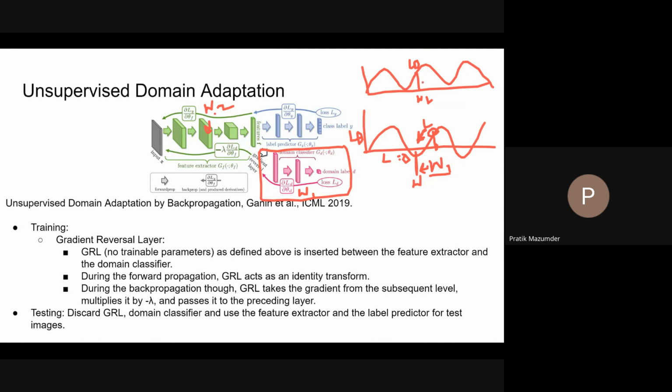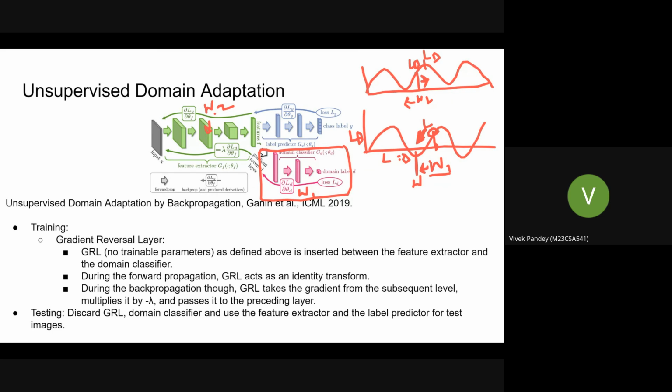To increase this loss, I have to move in this direction, which is opposite to the direction in which I was moving over here. So I multiply this gradient with a negative constant. If I do that, while I was supposed to move in this direction, I'll start moving in the opposite direction, where the loss will actually increase.